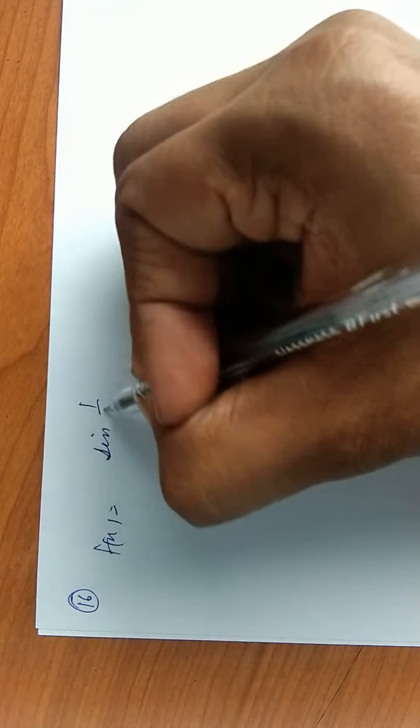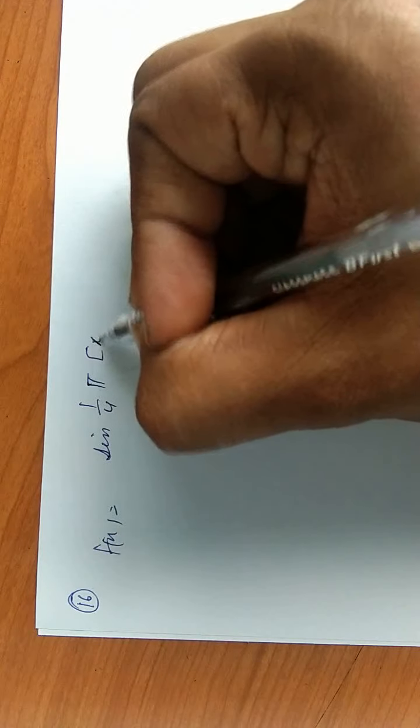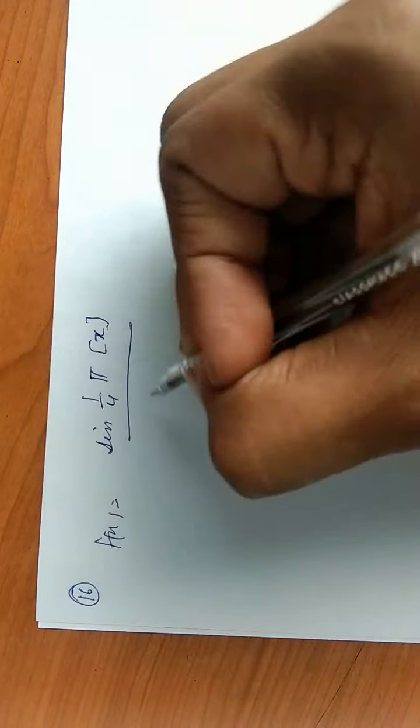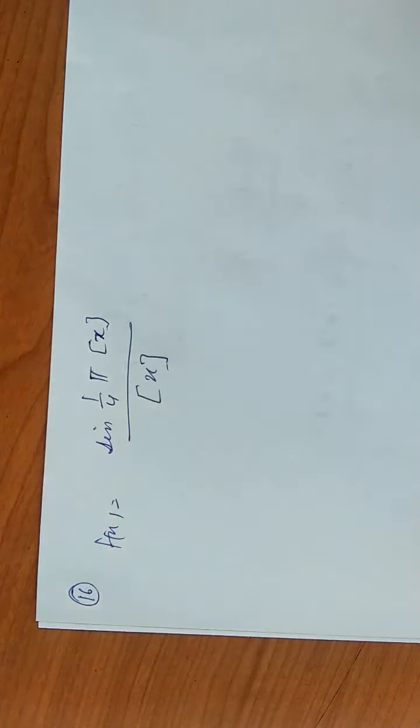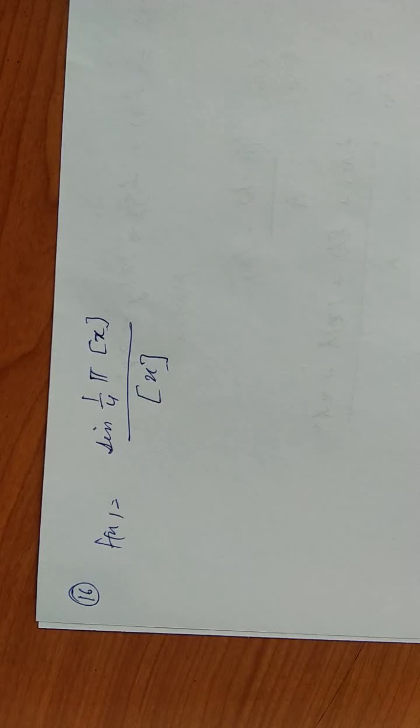So f(x) over here is sine of 1 by 4 pi times box x upon box of x. Obviously it is continuous at x is equal to 3 by 2, since box is always continuous at non-integers.